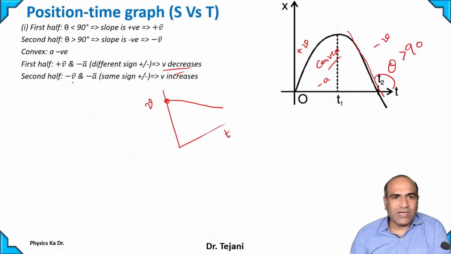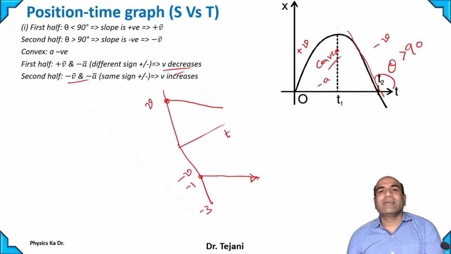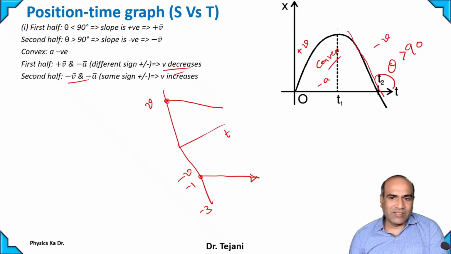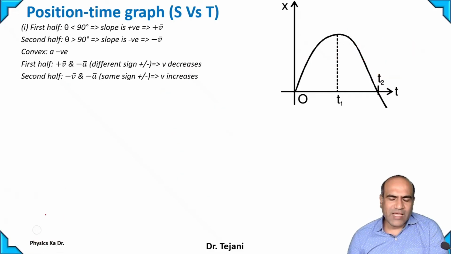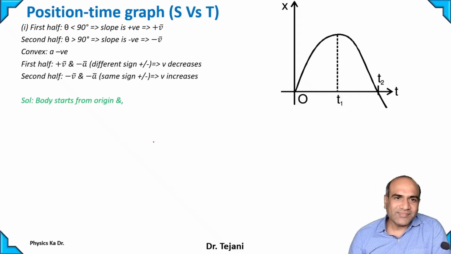For the second half, negative velocity, negative acceleration, so velocity starts from negative v, and then it increases. Increases means what? -3, -1. So it goes like that. Don't confuse with the direction, negative, positive, otherwise you will have the wrong answer.